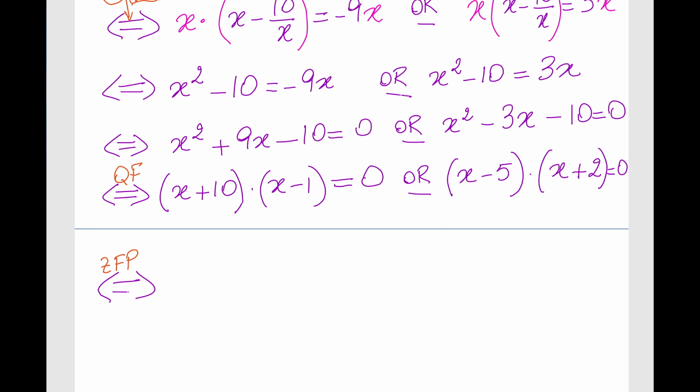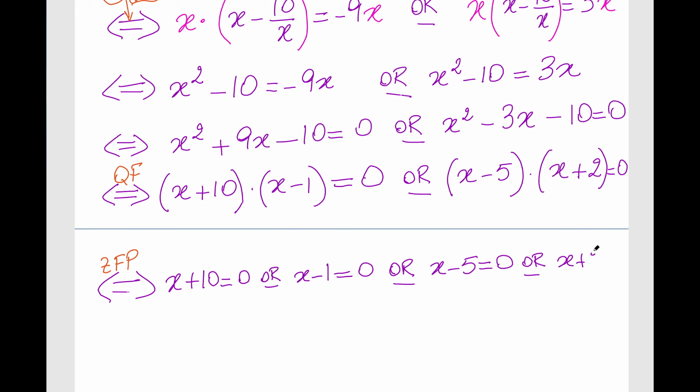By the zero factor property, what do we obtain? We obtain that x plus 10 is 0, or x minus 1 is 0. This is for the first. Or, similarly for the second, x minus 5 is 0, or x plus 2 is 0, right?